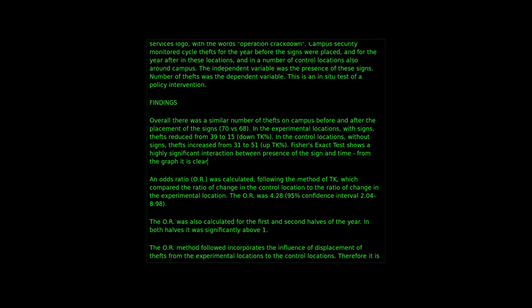It is clear that the sign reduces... it's clear that it appears to reduce thefts in locations. The signs appear to reduce.